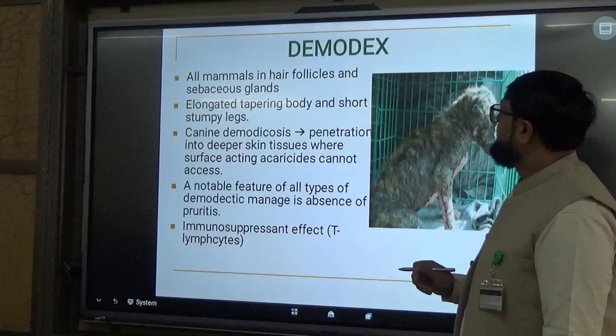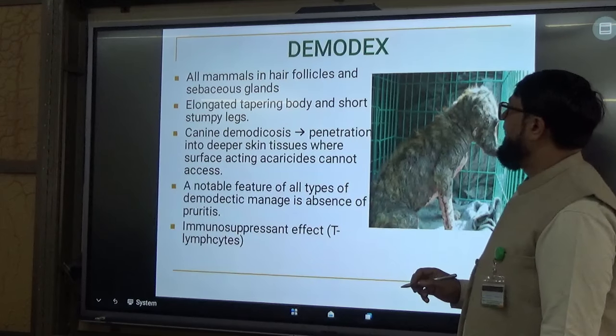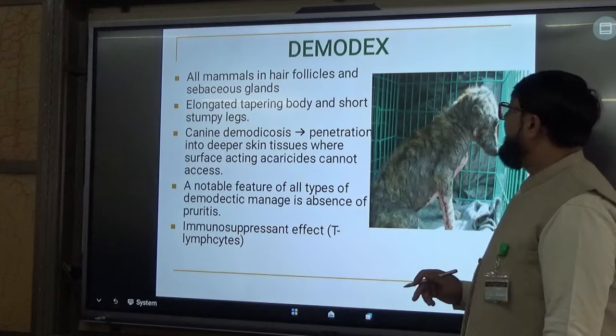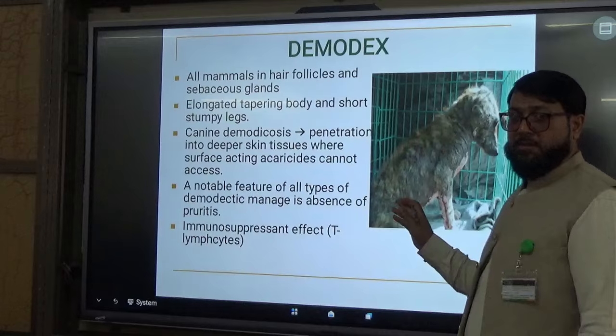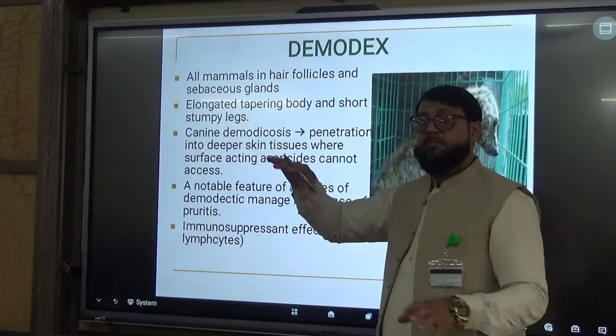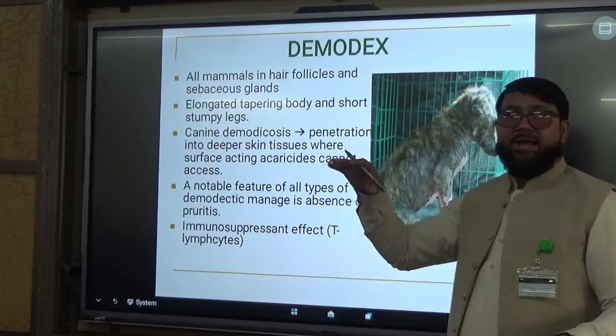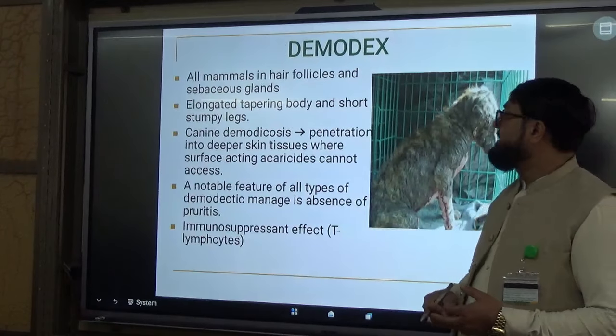Demodex in dogs. All mammals may get a Demodex species in hair follicles and sebaceous glands, and this is kind of unique in its morphology. It is elongated with a tapering body, just like the maggots or the bots that you have studied in class Insecta.